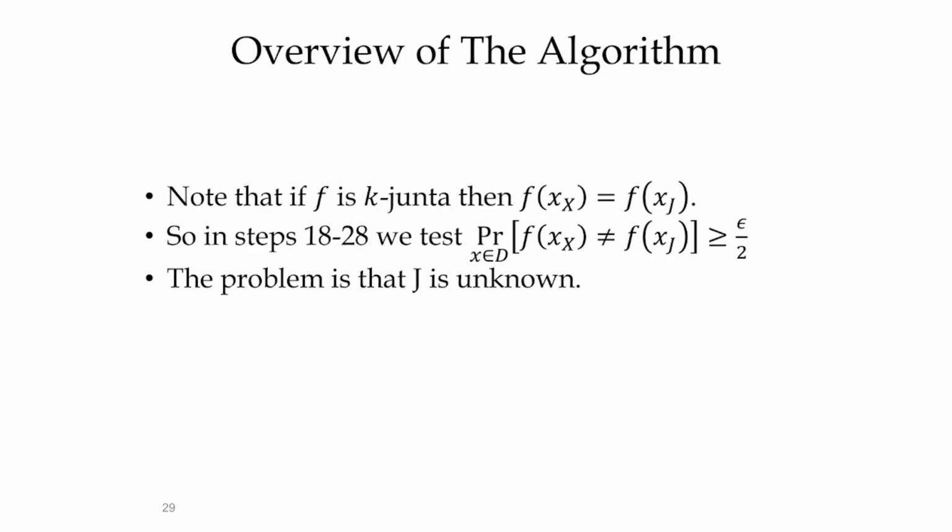In this last step, we basically want to test how far is f on x subscript capital X. The problem is that we don't know exactly who J is, so the test is difficult to perform.